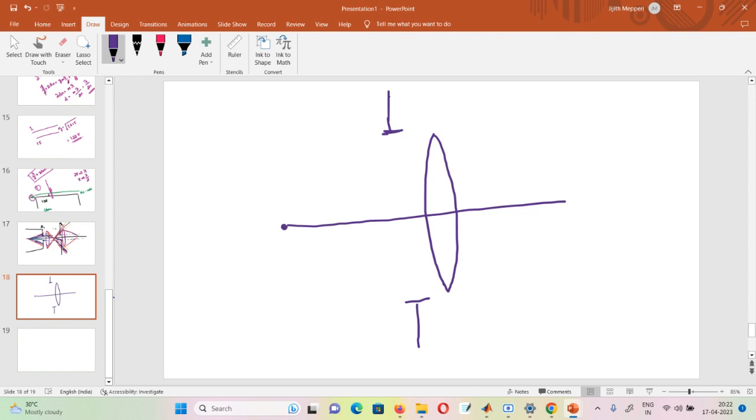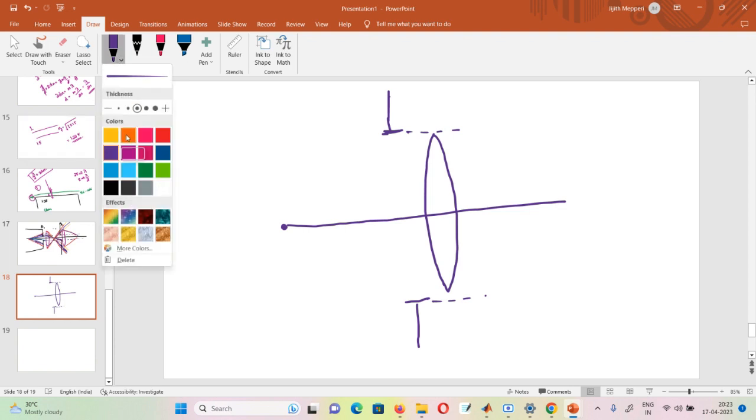How numerically can you calculate which is the aperture stop? Both the lens and this aperture have the same diameter. By seeing this one, you just tell which is the aperture stop. Lens. Yeah. Why is it the lens? It has control over the amount of light passing through it.